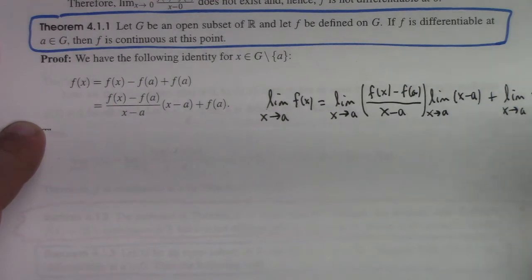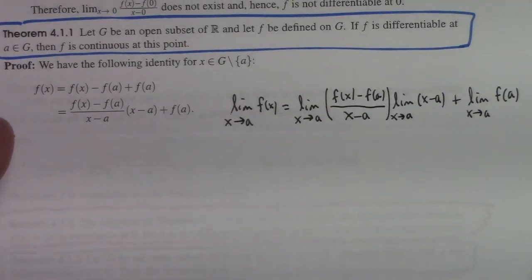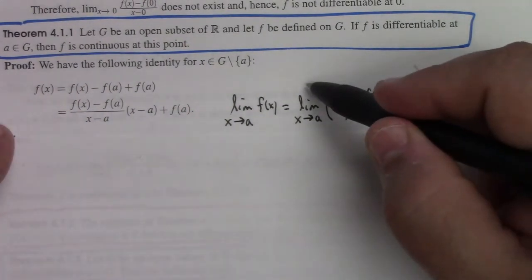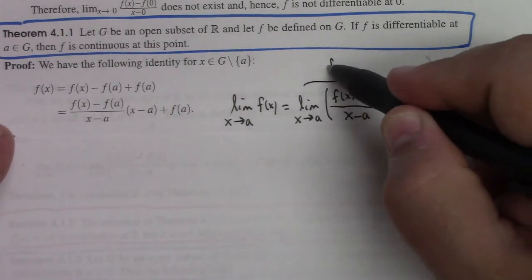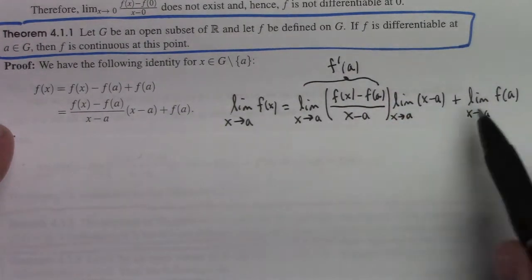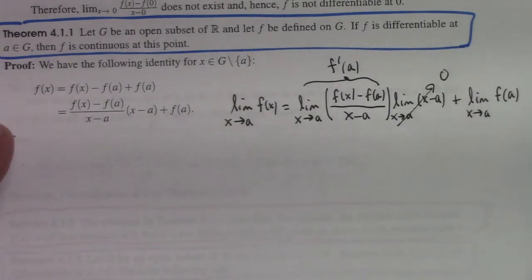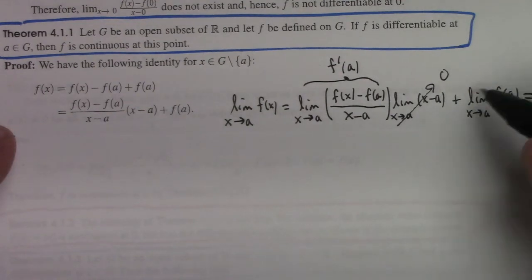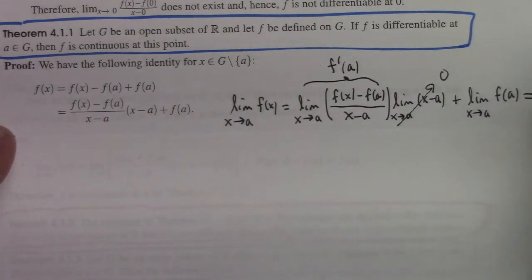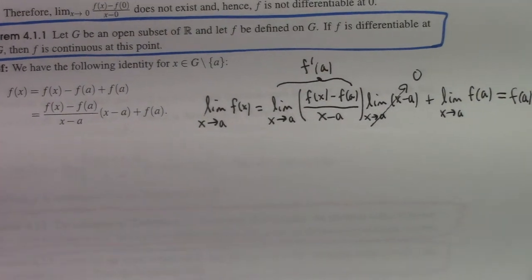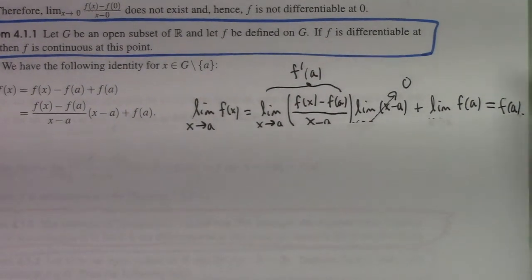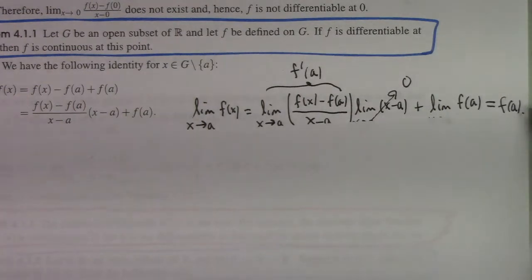I can write that because all the limits I just wrote exist. This exists by assumption of differentiability. This is f prime of a, right? And this is a basic limit that goes to 0, right? And this is a constant, so that's just equal to 0 times the number plus f of a, which is just f of a. So we've just proved that the limit as x approaches a of f of x is equal to f of a.